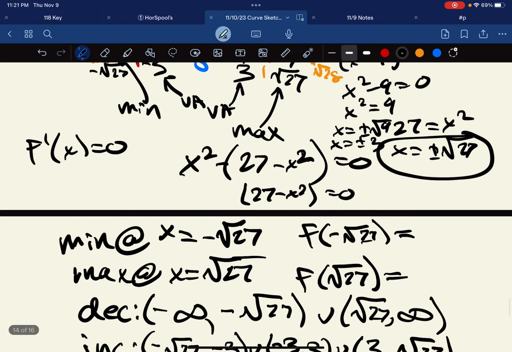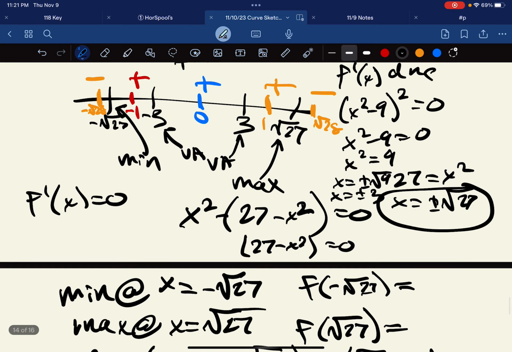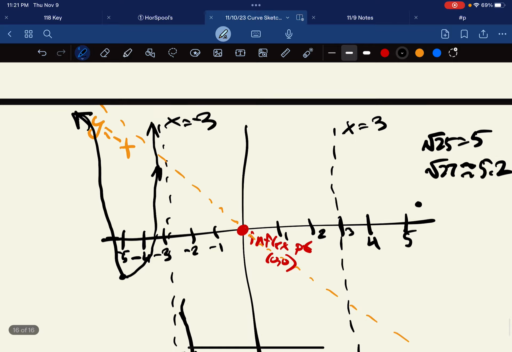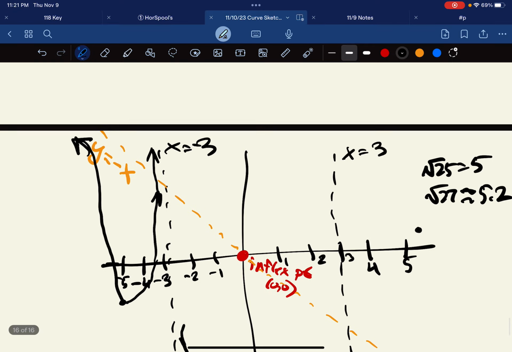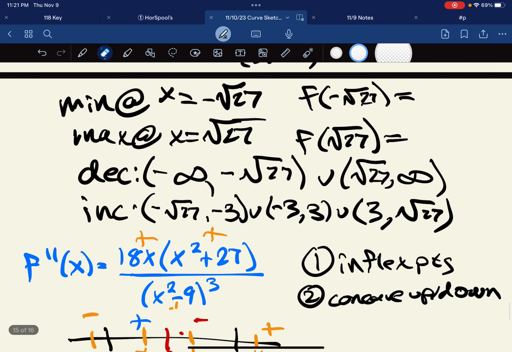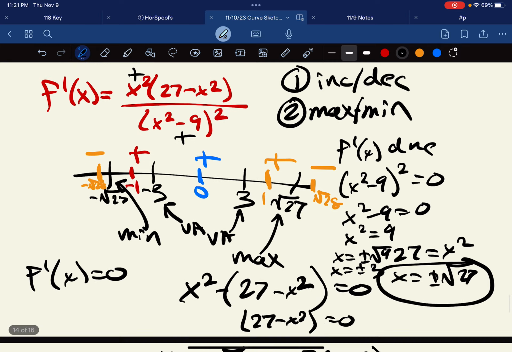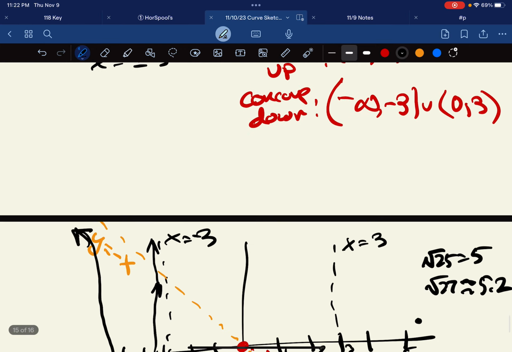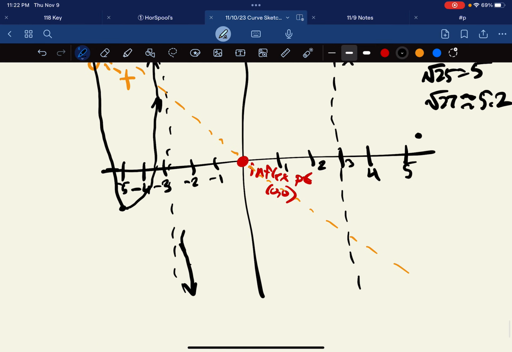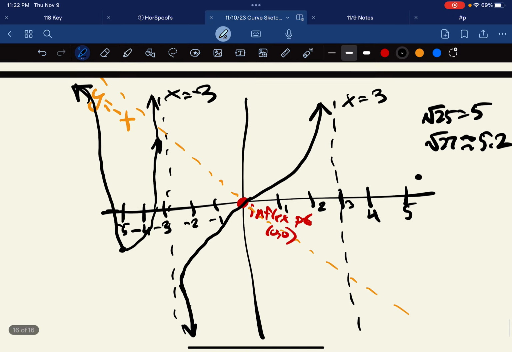Check it one more time, negative 3. So negative 3 is going to be a vertical asymptote. Oh, yeah, that makes sense. Okay, yeah. So then from negative 3 to positive 3, we are going to be increasing. Okay, cool. So we're going to do something like this. Okay, great.